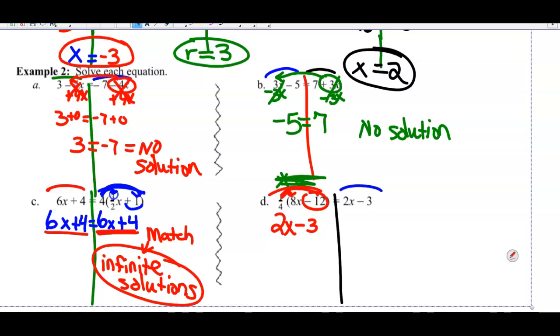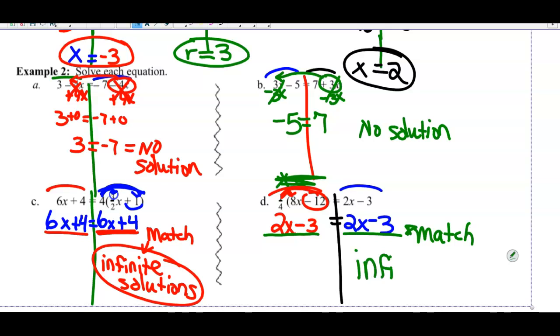And then I'm going to drop my other side down, equals, and then this is my blue side, 2x minus 3. I didn't do anything with it yet. Right here, when I look at both sides, I notice they actually match. This says 2x minus 3. This says 2x minus 3. They have to match exactly. So if they are a match, we don't need to do any more work.